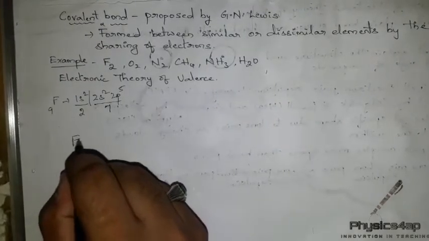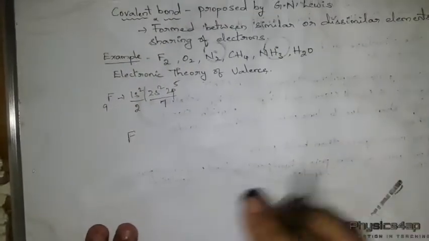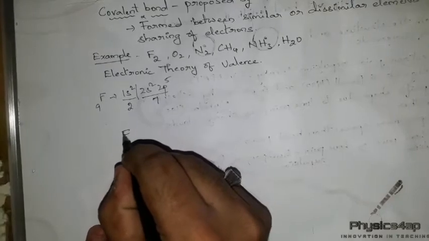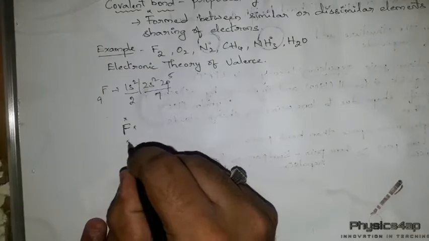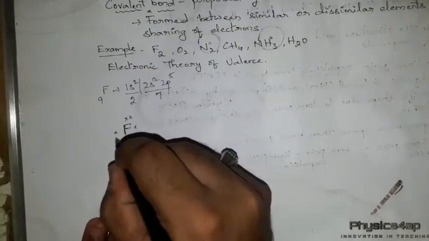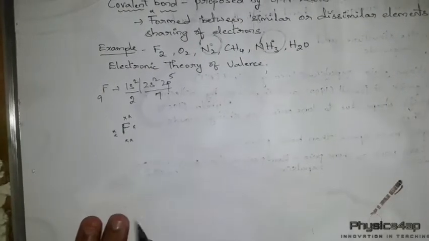If we take fluorine and draw the dot structure, we place the 7 electrons around it: 1, 2, 3, 4, 5, 6 and 7.